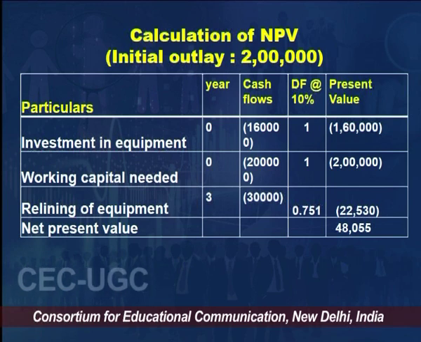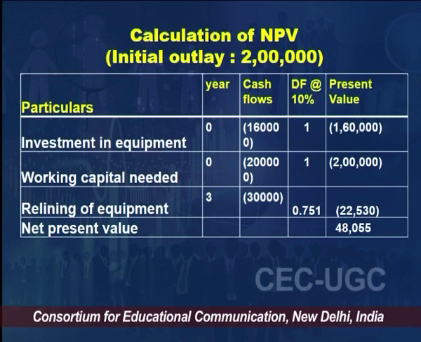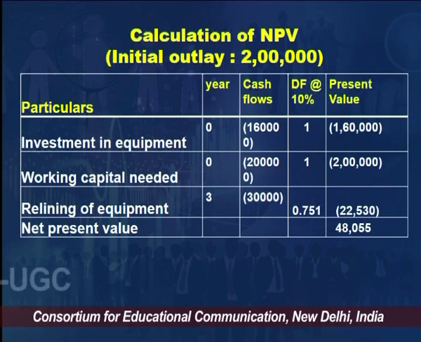We need not refer to any table, you need to remember it, be it compounding or be it discounting, both are techniques in time value of money, right. Whether we want to discount or compound, the discount factor is 1 for whatever funds are received or paid today. In future, a year from now, 2 years from now, 3 years from now, the discount factor changes, right, for inflows and outflows both.